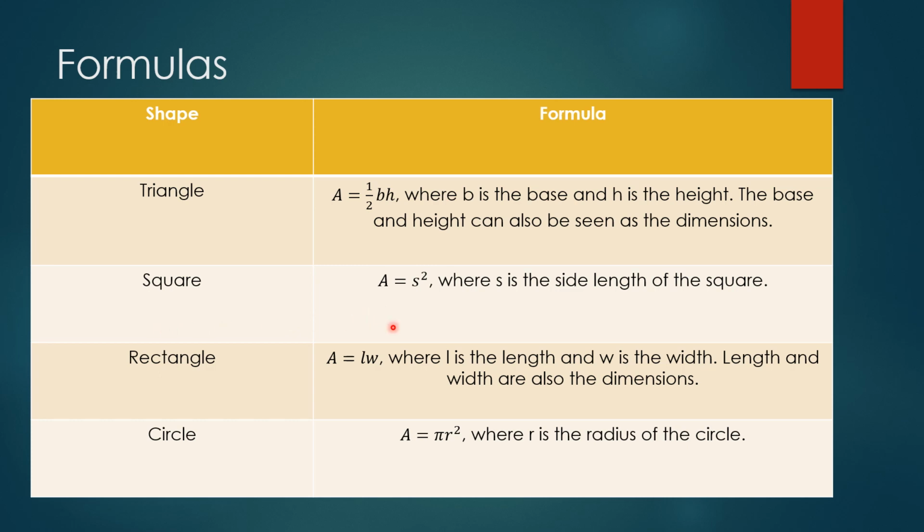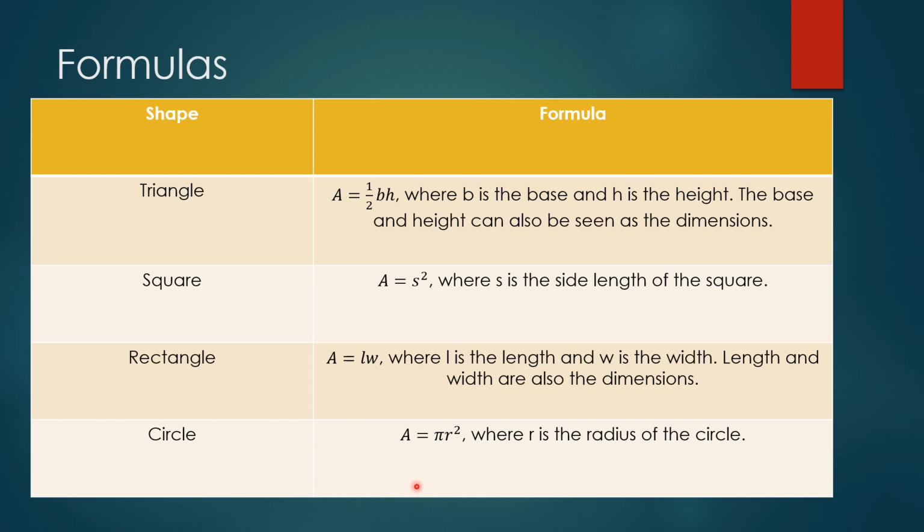Area of a square is going to be S squared, where S is the side length of the square. We have a rectangle. Area equals length times width, where L is the length and W is the width. Length and width are also dimensions. In class, we also talked about how we could use the variables A and B, but as long as one variable represents one side of the rectangle and the other variable represents the other side, we can still use the same relationship, area equals length times width.